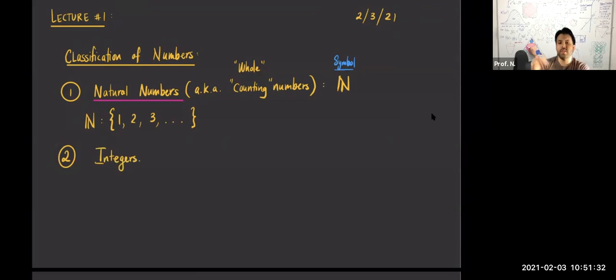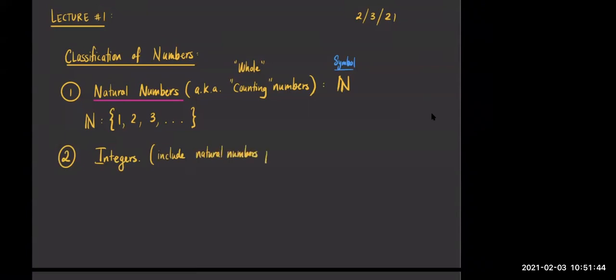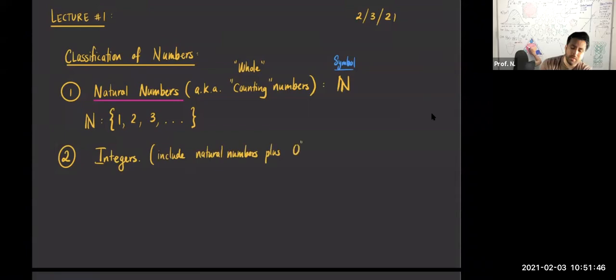Now, the integers include all of the natural numbers, plus 0 and all negative versions of natural numbers.